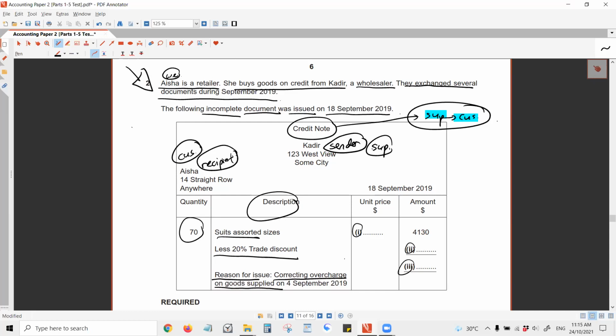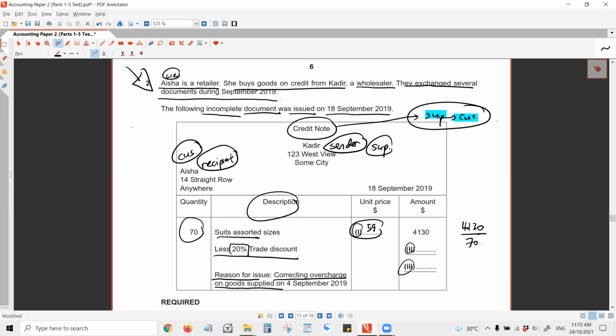Now number of units, how to find? Simple mathematics here. $59, okay, 59. Then less 20% trade discount.